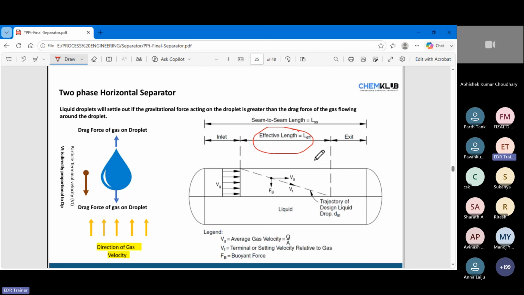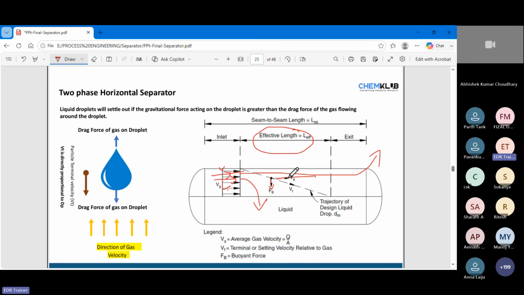Effective length means if you pass a two-phase flow here, vapor above and then liquid, the liquid will not drop directly, because the vapor is travelling horizontally to be removed from a vent or from the top. But sometimes, the vapor is going horizontally, but the liquid needs to fall down.